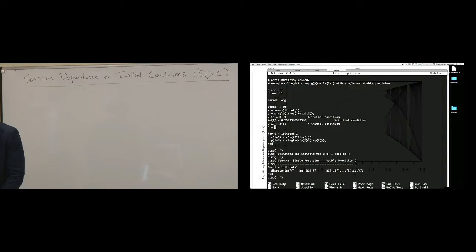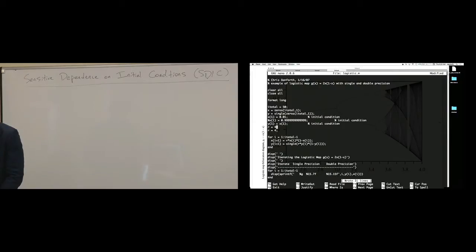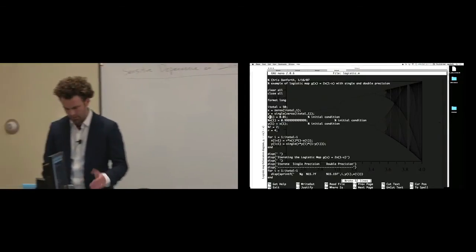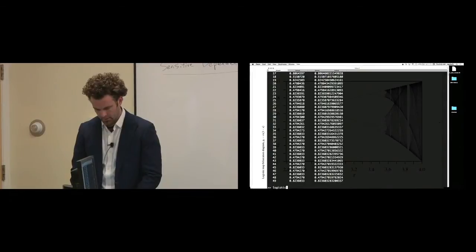So if I set the parameter of one of these simulations to 4, and I start with 2 initial conditions, one that's 0.01 and one that's 0.01, but I'm going to do my arithmetic in double precision.